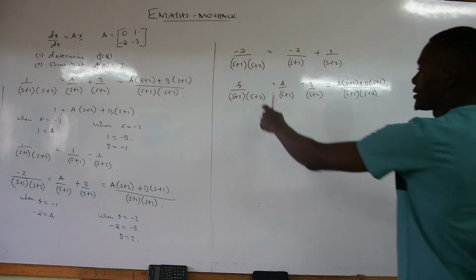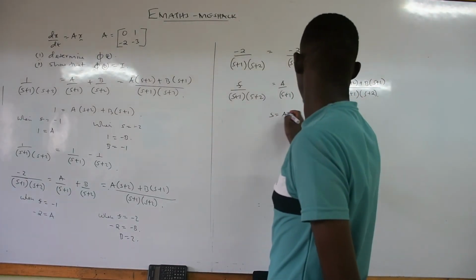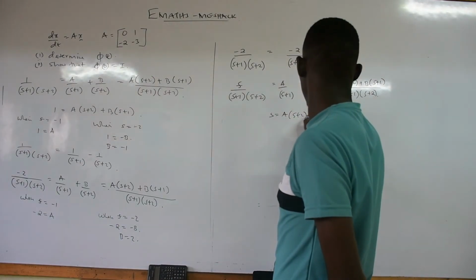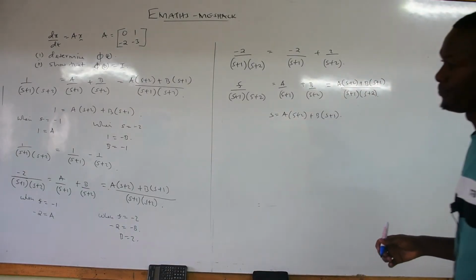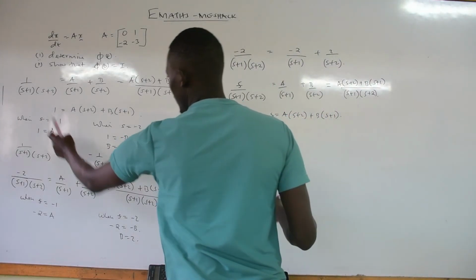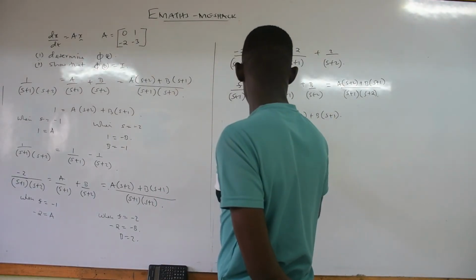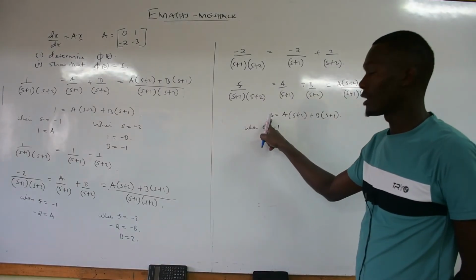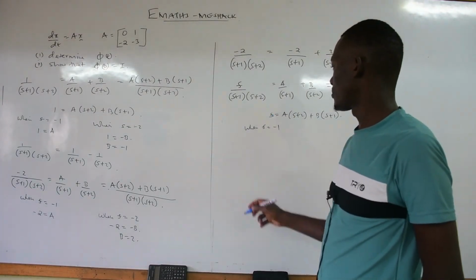So we just take this side and this side, so we have s equals a(s plus 2) plus b(s plus 1). Now we take when our s is negative 1. On the left hand side we have an s, so the value of s there shall be replaced by negative 1.